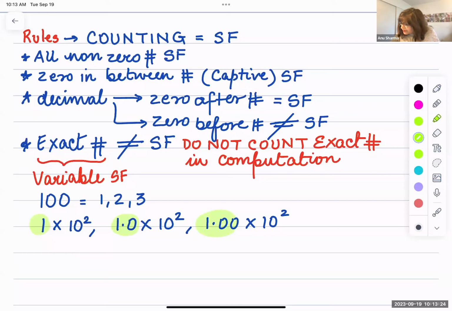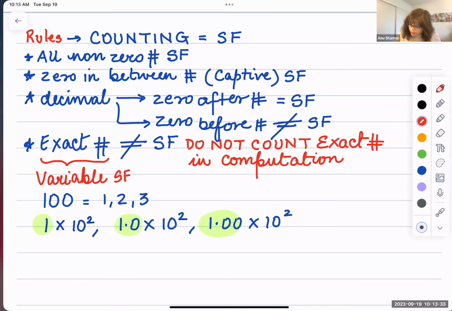So that's one thing. The next is rules in computation. So what are the rules when you are calculating?